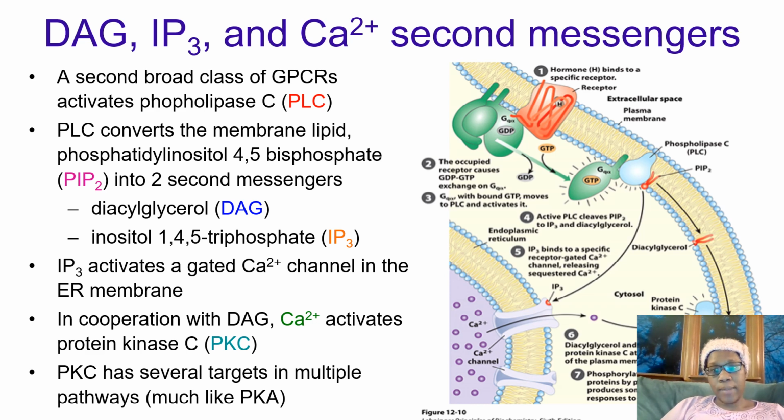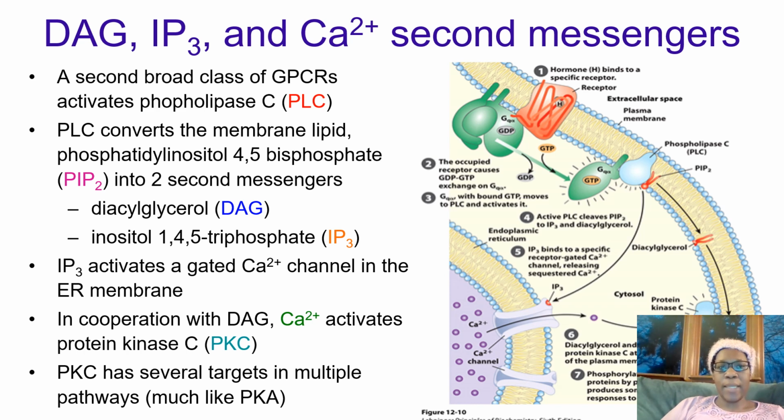What do lipases do? Well, lipases break down lipids. So it's going to break down a phospholipid because it's a phospholipase. We know that phospholipids are contained in our cell membrane. So it's going to break down this phospholipid called PIP2 into two different pieces.